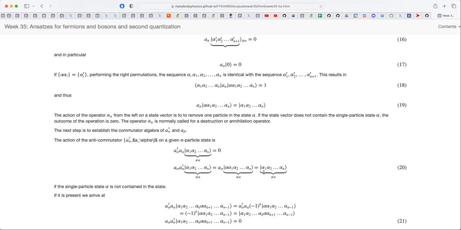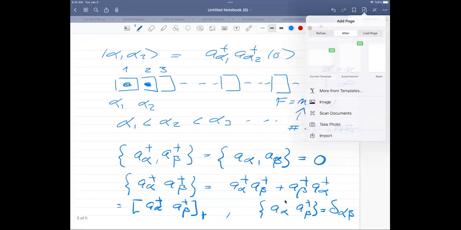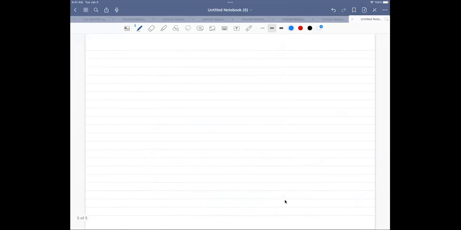Now, let's go back to the whiteboard and perform these operations with the state, because now we want to rewrite this in the kind of ordering which we would like to have. So if we look at what we did here, we had a specific state which we acted on with the operators, and that is going to give us a hint of what kind of rule we will have.